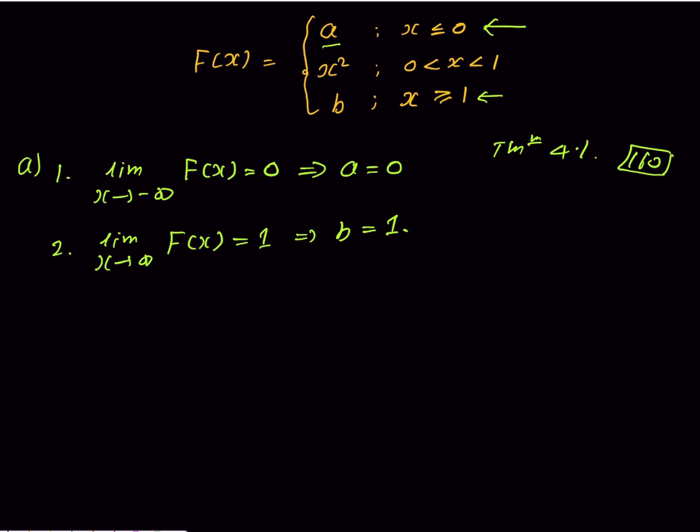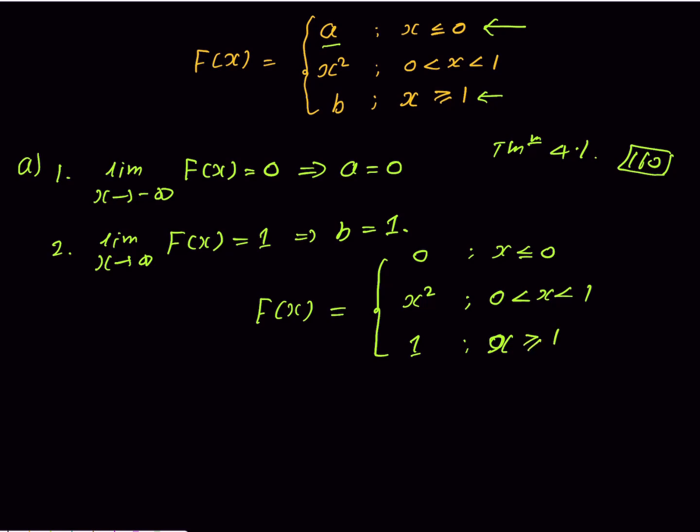Right? If you need, you can write F(x) now. F(x) equals a, which is 0, when x is less than or equal to 0, x to the power 2 when x is between 0 and 1, then 1 when x is greater than or equal to 1.